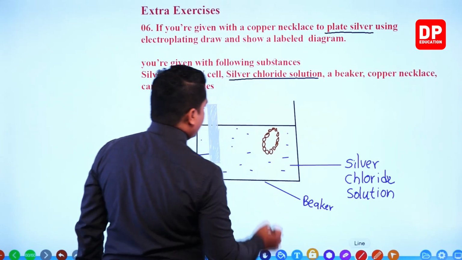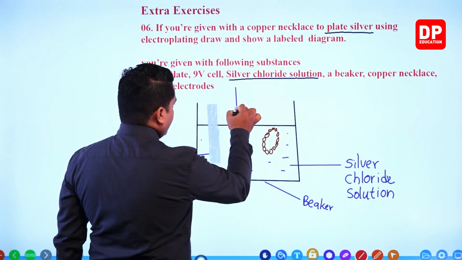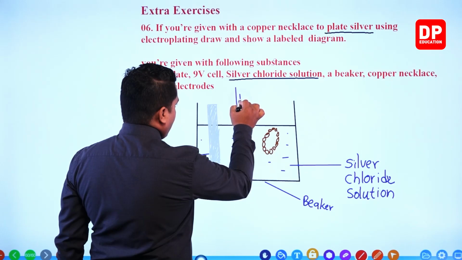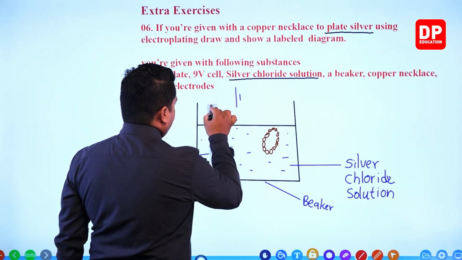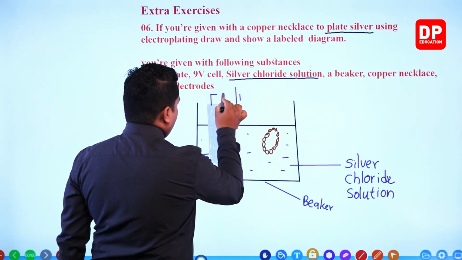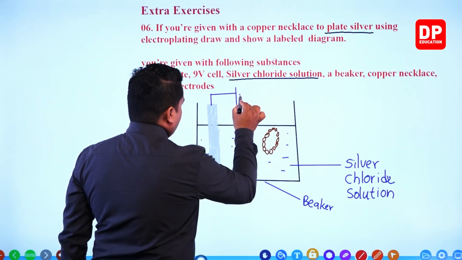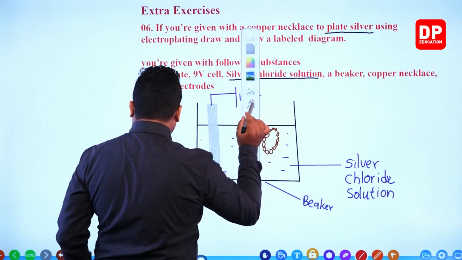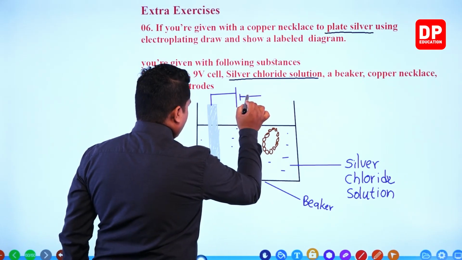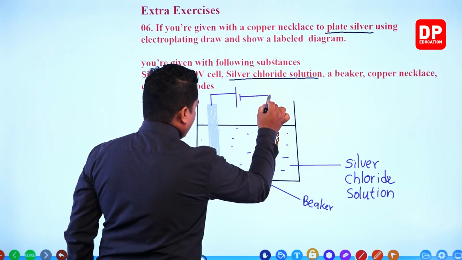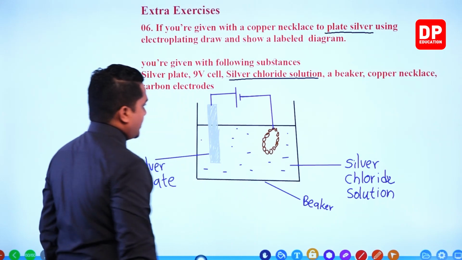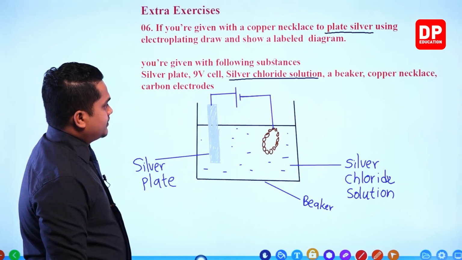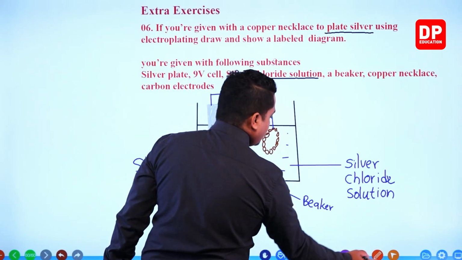Then my dear children, the dry cell. Positive terminal to the metal plate and the negative terminal to the object like this. So this is the 9-volt cell.